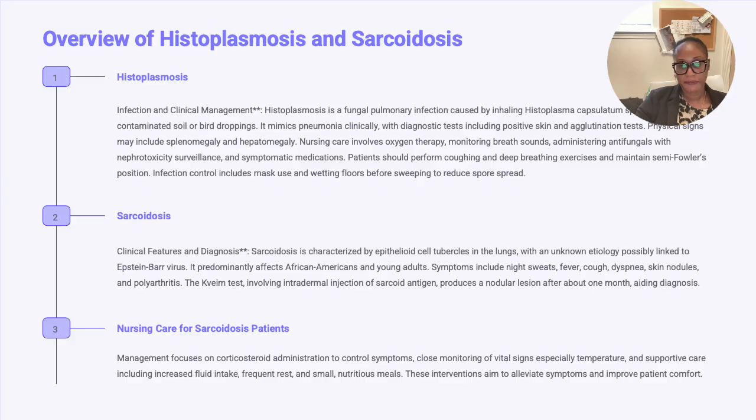Symptoms include night sweats, fever, cough, dyspnea, skin nodules, and polyarthritis. The Kveim test involving intradermal injection of a sarcoid antigen produces a nodule lesion after about 1 month, which then helps to facilitate the diagnosis of sarcoidosis.